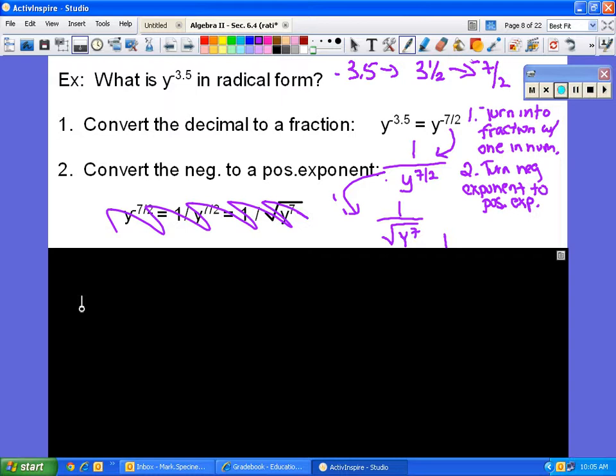Step number 2 is I take my negative exponent and turn it into a positive exponent. So negative 7 halves becomes positive 7 halves.